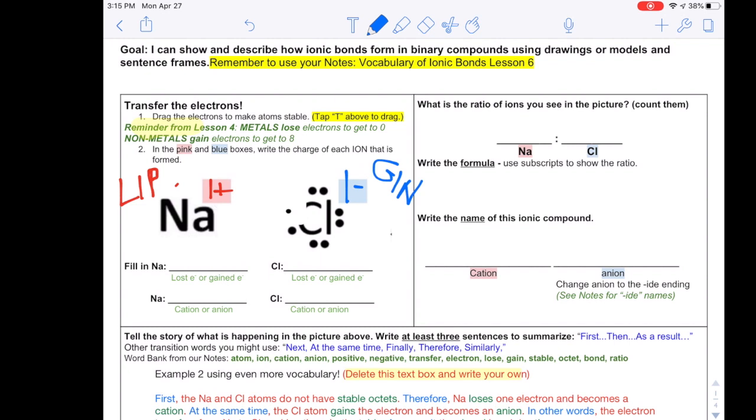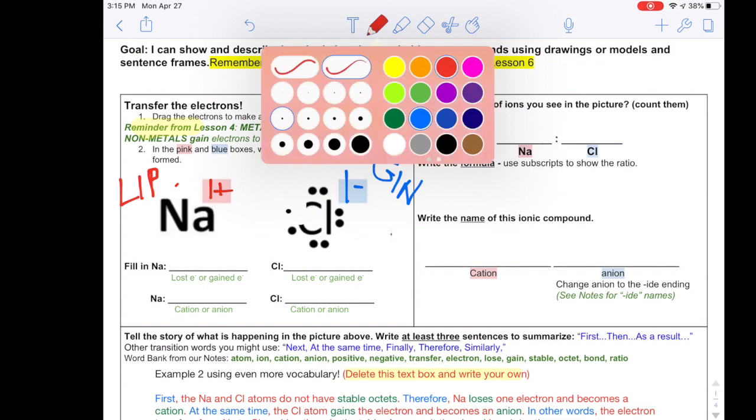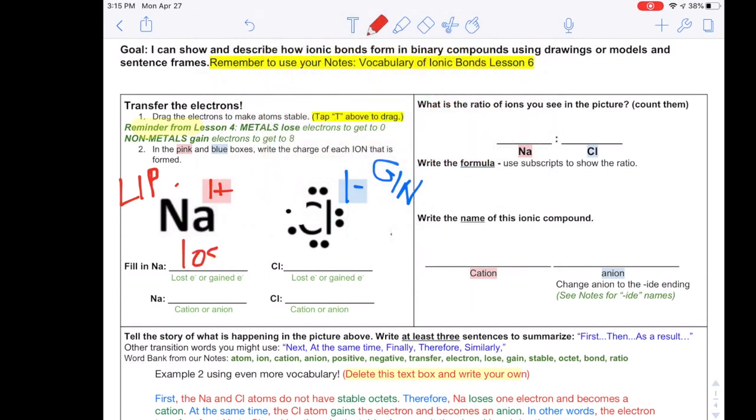And I remember that by GIN. Gaining is negative. So then down here, the Na lost, and the chlorine gained. And you can even say gained 1 and lost 1 if you want. And I'm just going to stick with the colors to help you see that.